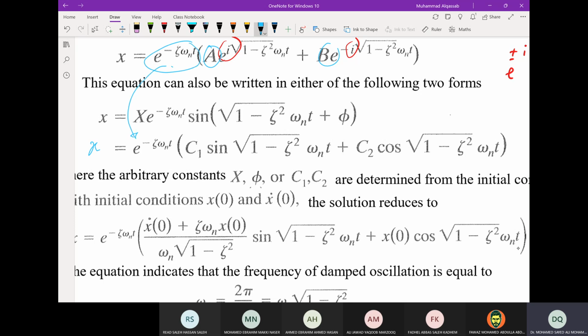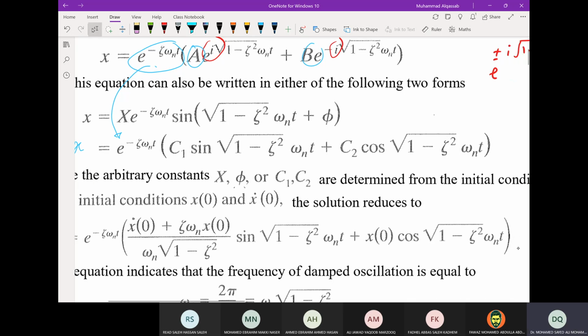Okay, and between the parentheses, we will get C1 after using Euler's equation, which is a new constant, not A, not B, because A and B multiplied by i become a new constant. C1 sine of square root of 1 minus zeta squared omega n t plus C2 times cosine of square root of 1 minus zeta squared omega n t.